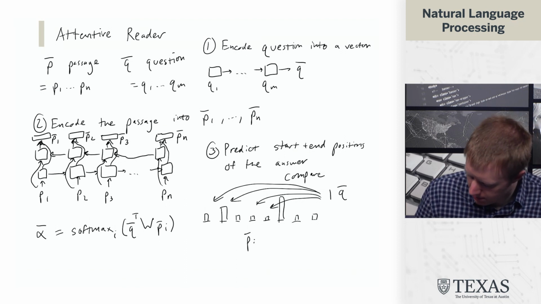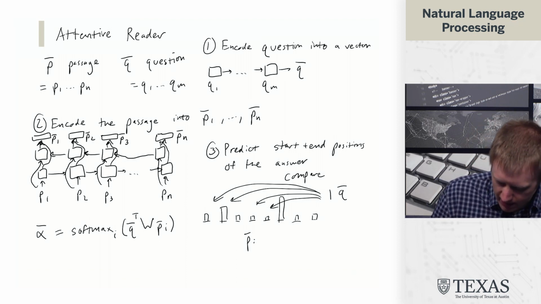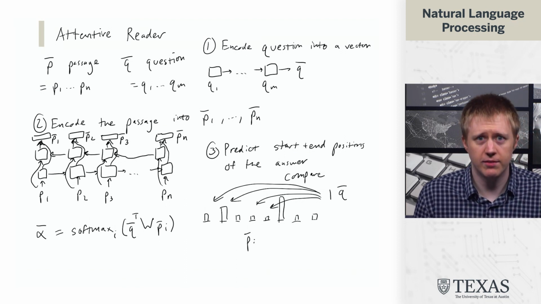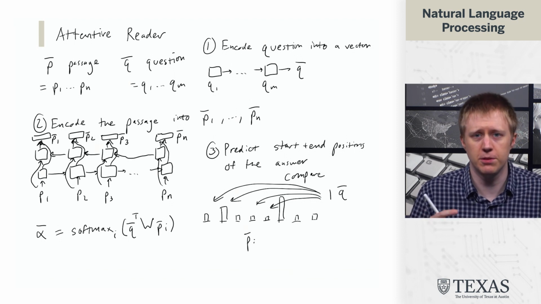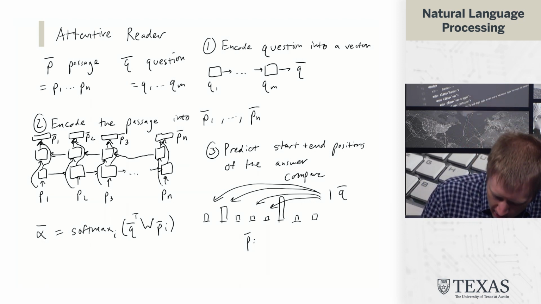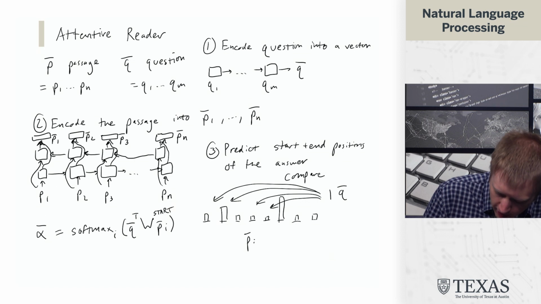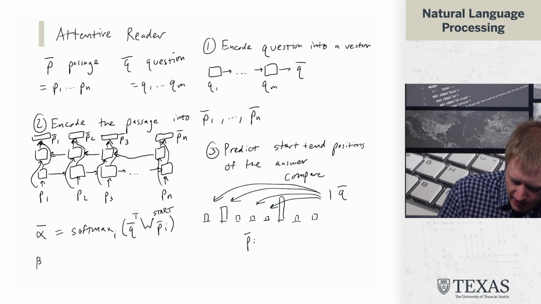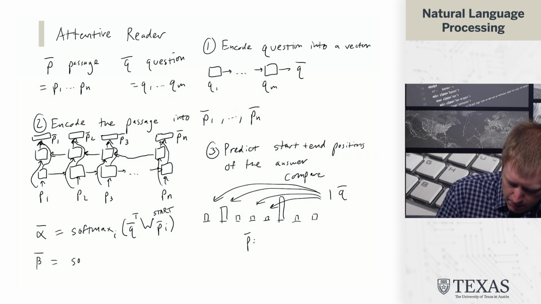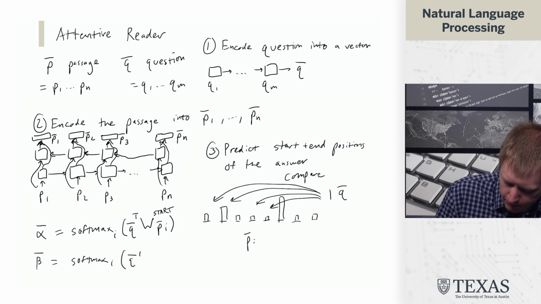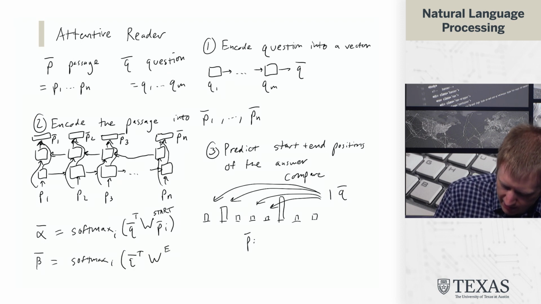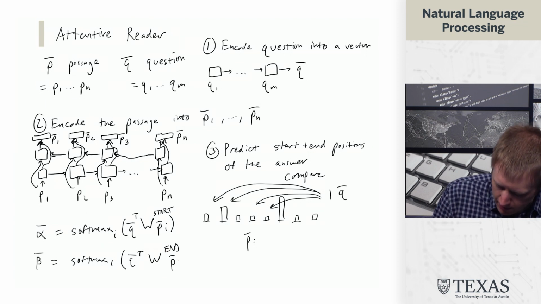All right, now in order to predict both a start and an end, we're going to call this W start, and then I'm going to have another distribution which I'll call beta, which is also a softmax over i of Q transpose W end Pi.